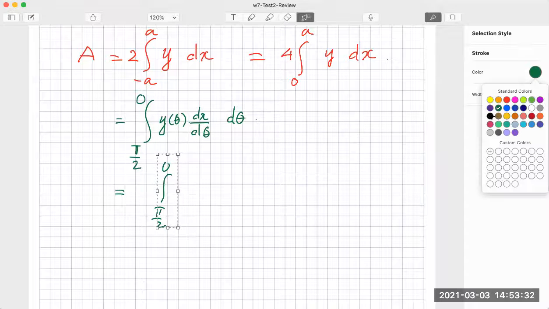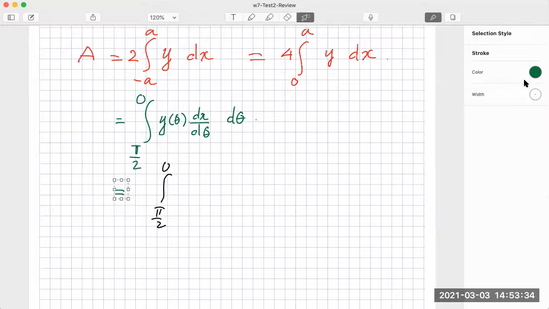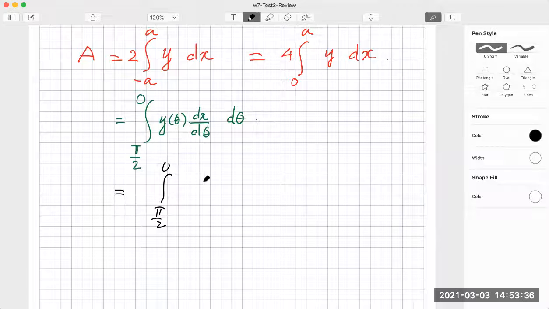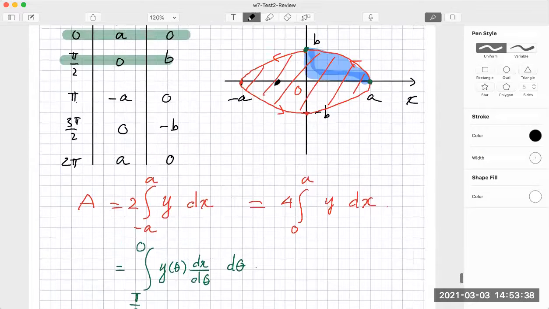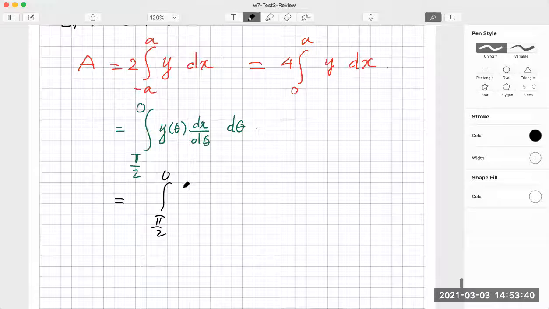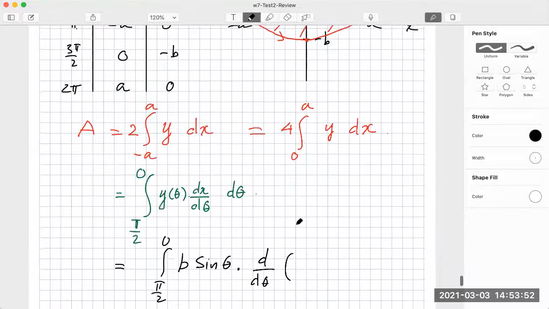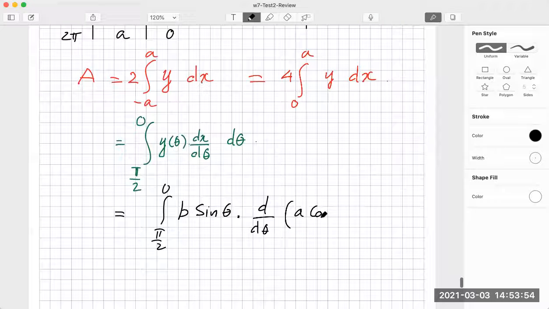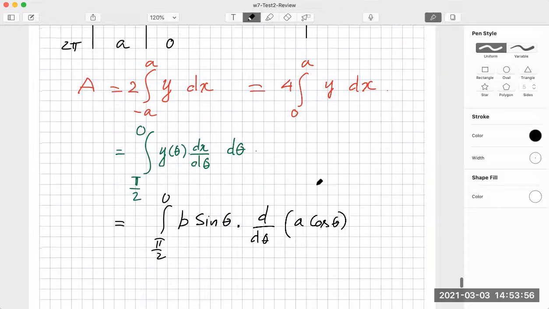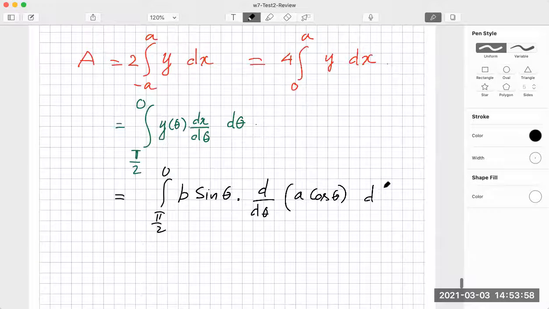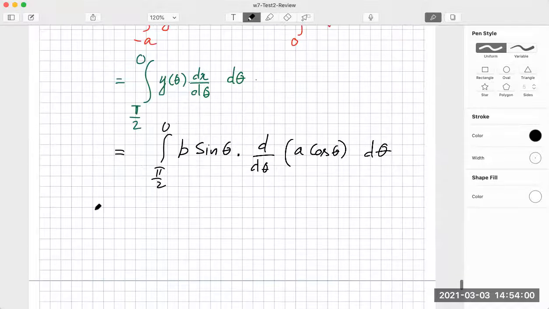Let us write it in black letters. Now, y of theta, we just rewrite it. It is b sine theta, and we take the derivative with respect to theta of x, which is a cosine, and d theta, that's it.